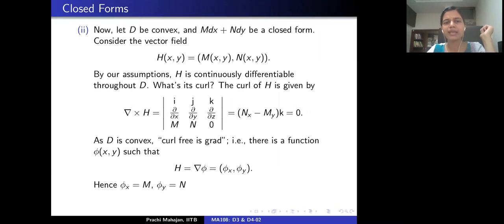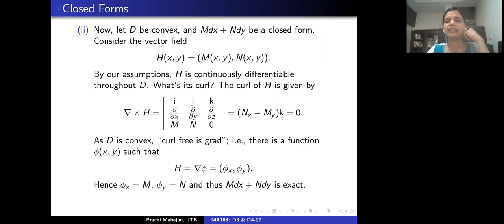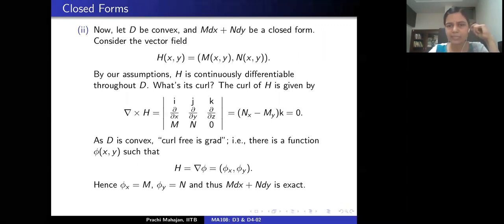Saying that the gradient of phi is the given vector field H is precisely saying that the partial derivative of phi with respect to x is M and the partial derivative of phi with respect to y is N. So this is exactly saying the function u that we were looking for is precisely this function phi, and this is exactly saying that the differential form M dx plus N dy is exact.